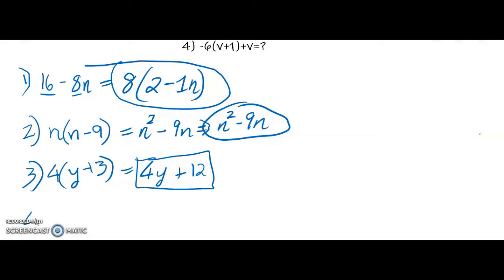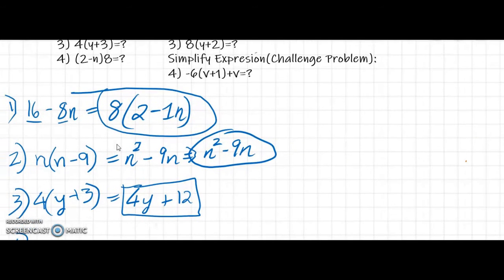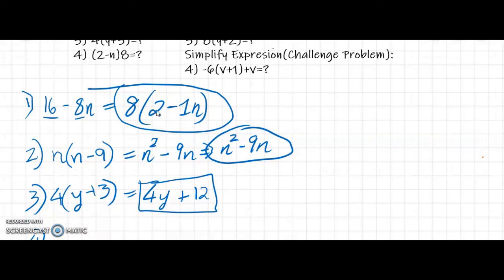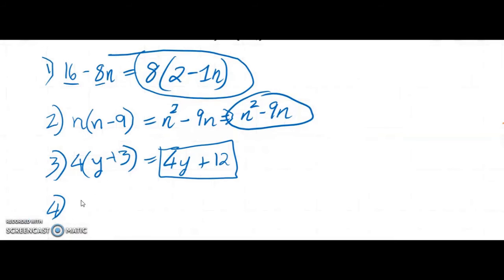For problem number 4, you're given 2 minus n times 8.